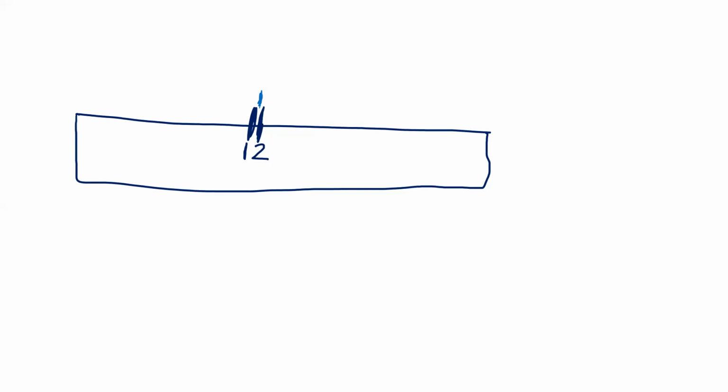Does that make sense? It's 1, then it's 2, and this thing that I'm trying to measure is about in the middle. And so all we can really do is say, okay, that's probably 1.5.